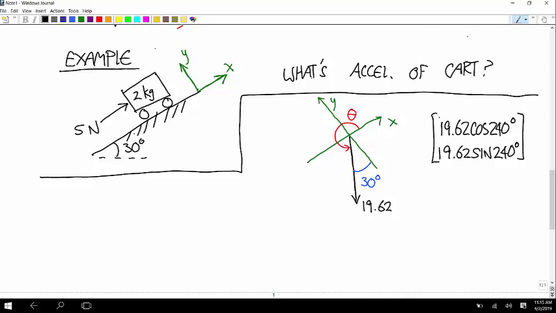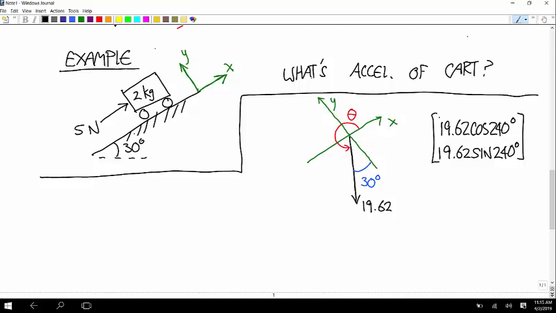You could also think of this in terms of making a right triangle with a leg here and a leg here. It's in the third quadrant, so it's going to have a negative x component and a negative y component. The x component is going to be 19.62 times the sine of 30, and then make that negative.